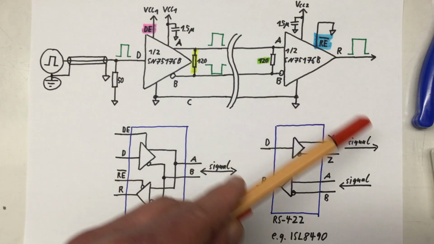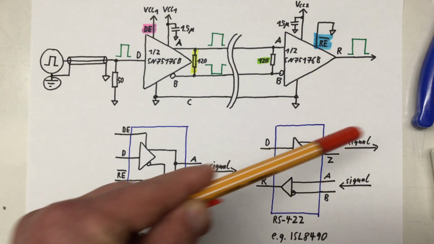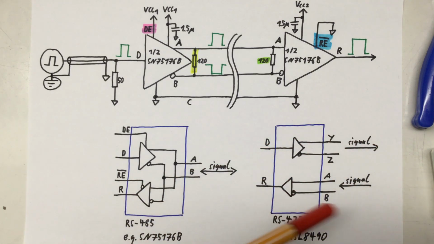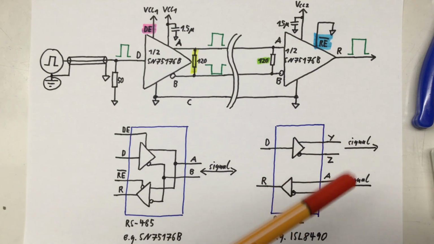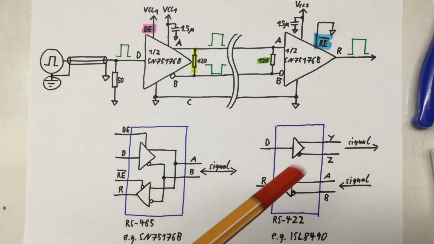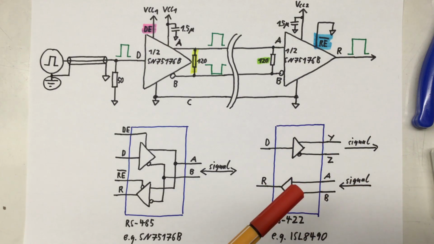Now, that is of course also bidirectional, though it requires two differential pairs for bidirectional communication. However, it is then full duplex. That is, we can transmit and receive at the same time.